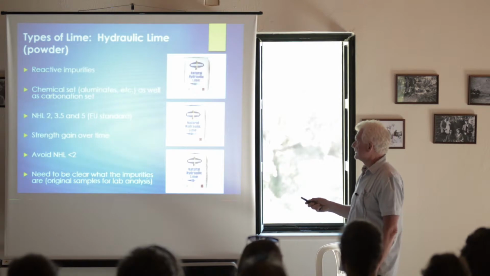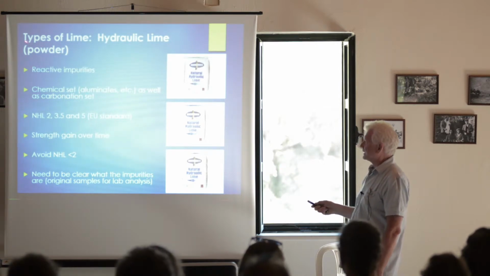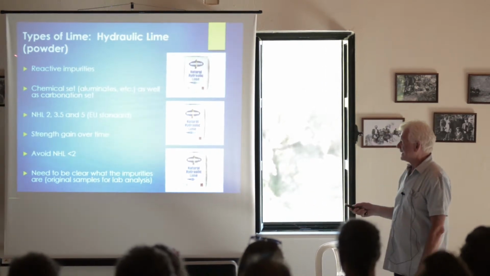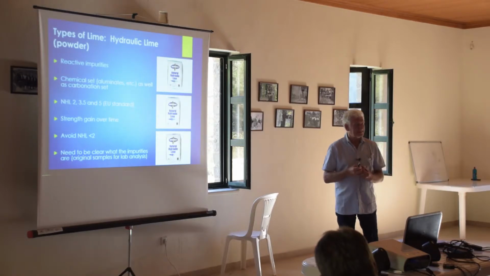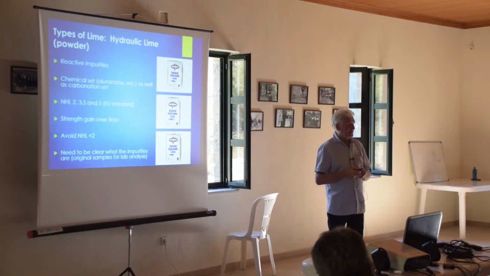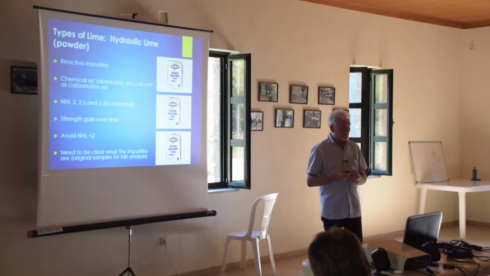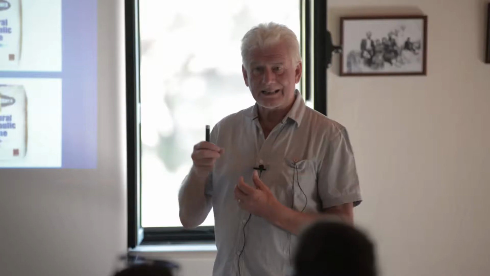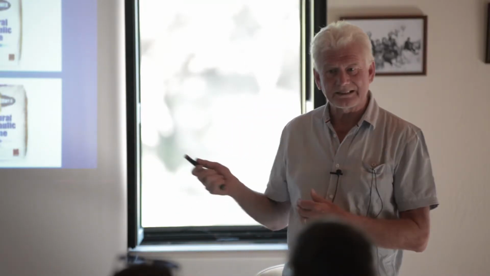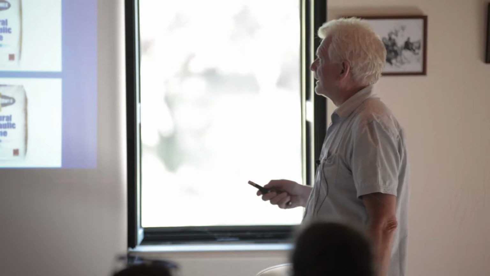And the production process is such that hydraulic lime ends up as a powder. It has reactive impurities, and mostly related to clay. And it's those impurities that give it a chemical quality that gives chemical reactions which are completely different from non-hydraulic lime.